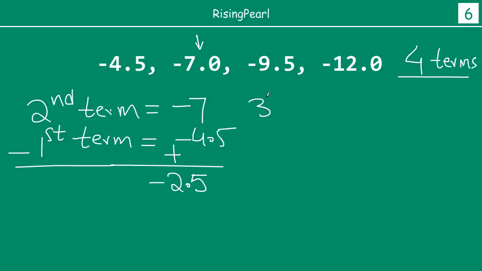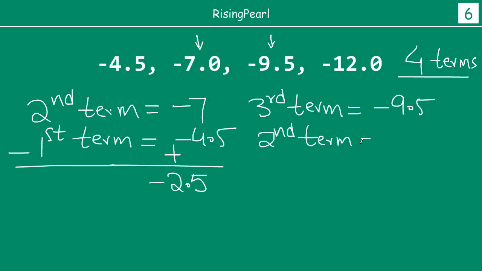Let's take our third term now. The third term is minus 9.5, and our second term is minus 7. So if we subtract the second term from the third term, minus 9.5 plus 7 will be minus 2.5.